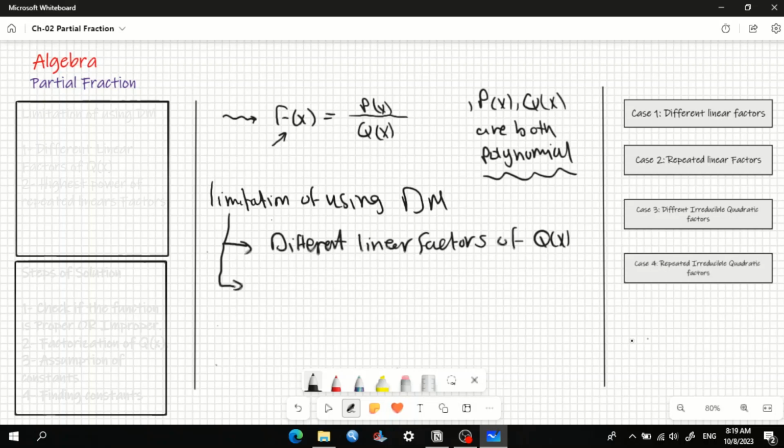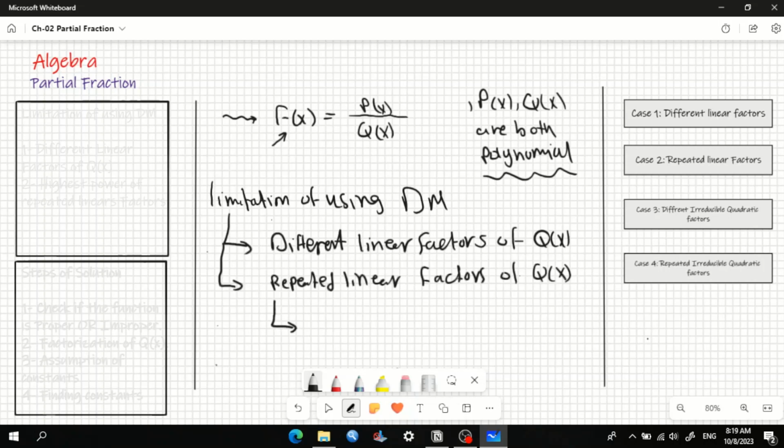Or if I have repeated linear factors of q of x.